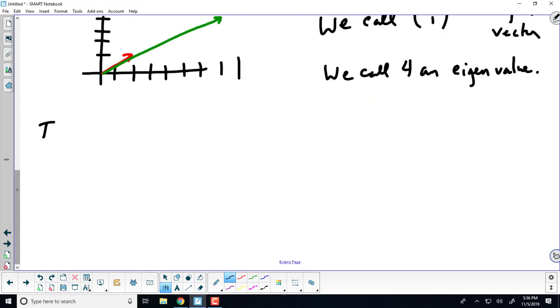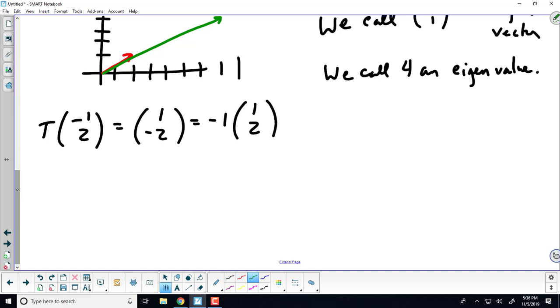Now, this has another eigenvector. If you take negative 1, 2 and plug it in, you're going to get out 1, negative 2, which we could write as negative 1 times negative 1, 2.